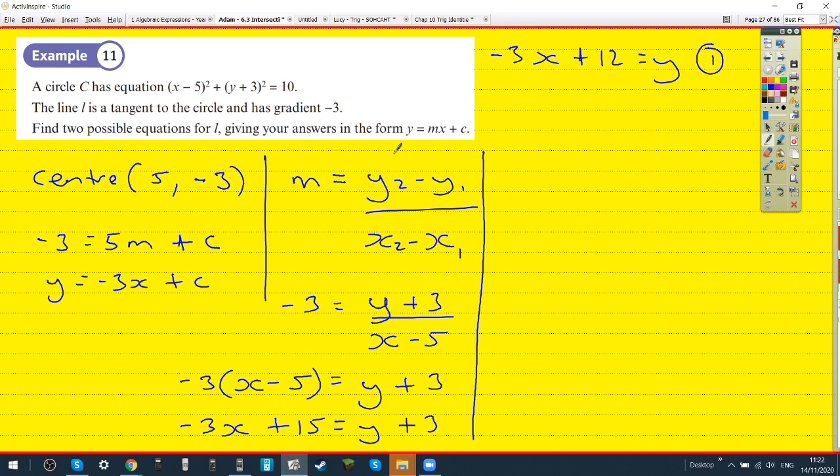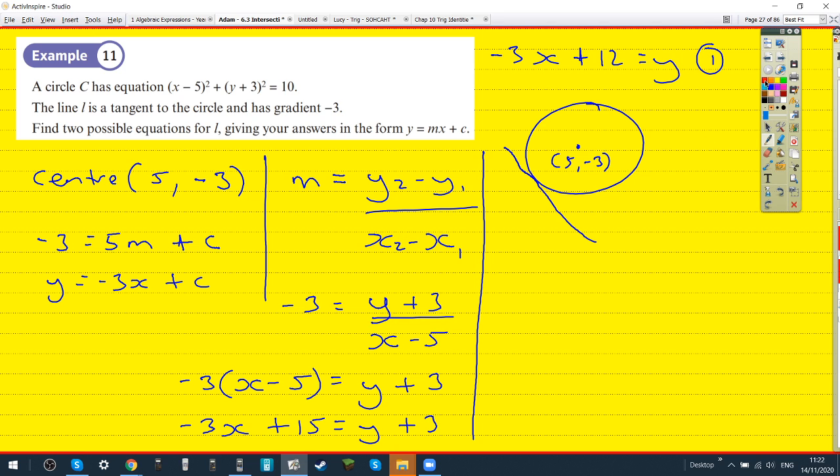We use the gradient of the tangent. I'm going to do a sketch. I have a circle. Its center is 5, minus 3. What did we do there?